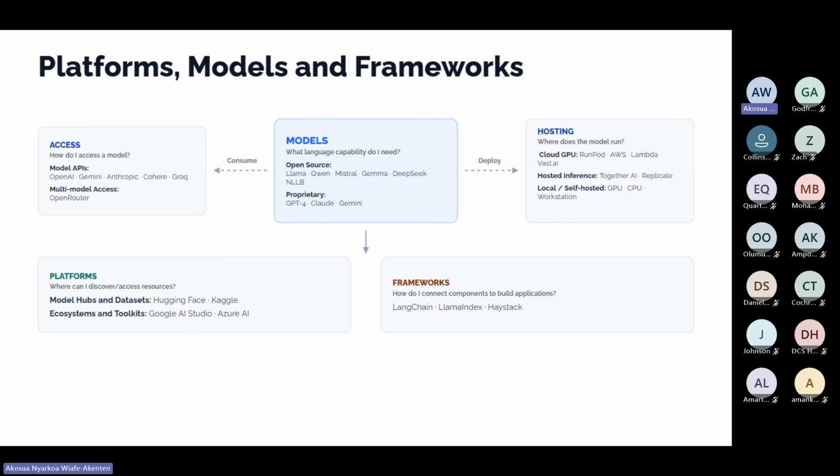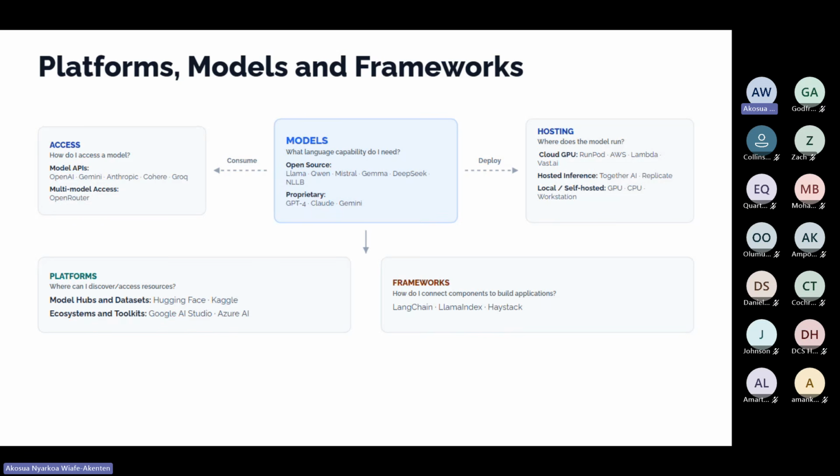When it comes to evaluation as well, I mentioned earlier that the evaluation benchmarks that are available do not necessarily fit into this low resource language context, and that becomes a challenge when you want to evaluate your solutions.